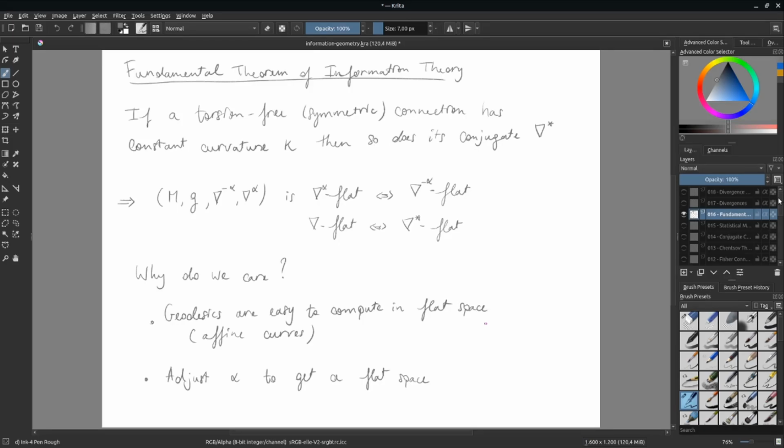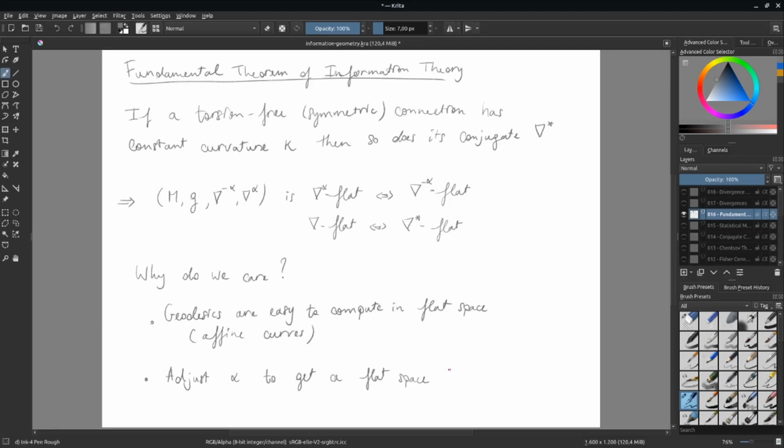In particular, if you have these alpha connections, nabla alpha is flat if and only if nabla minus alpha is flat. Or if you forget about these alpha connections, if the manifold is flat, so zero curvature with respect to the one connection, it's also flat with respect to the conjugate connection. Now, why do we care?